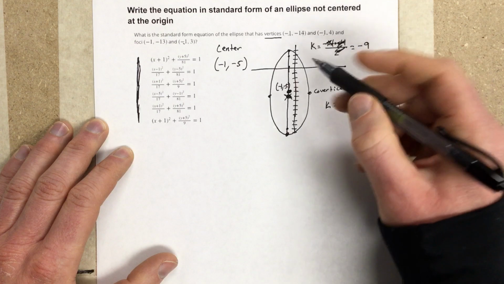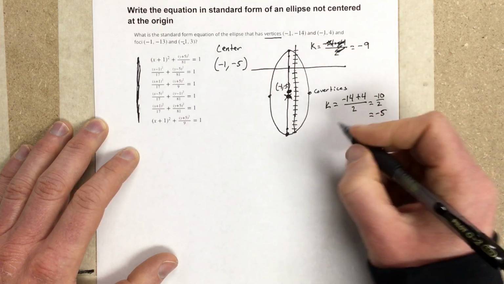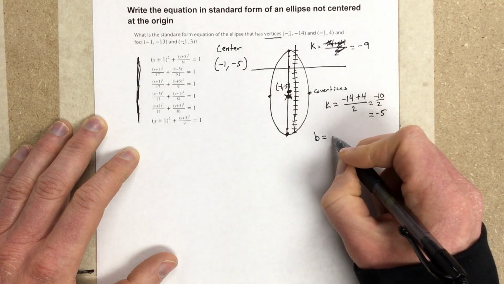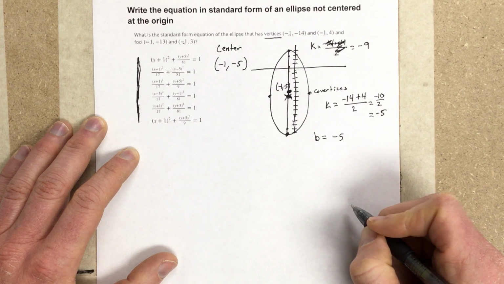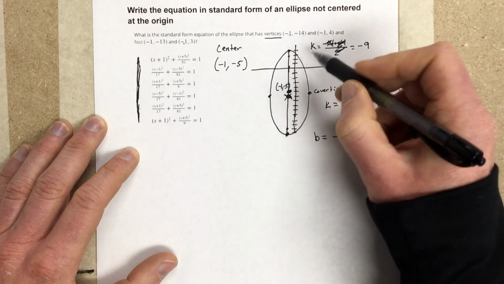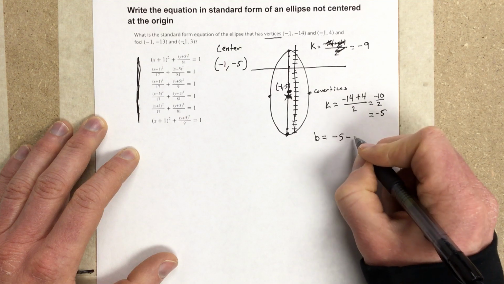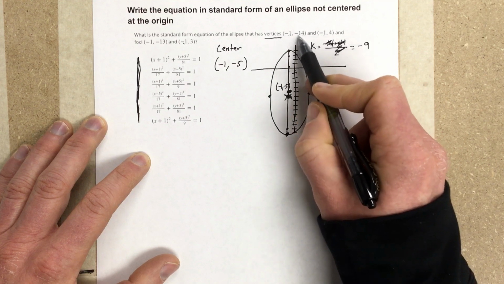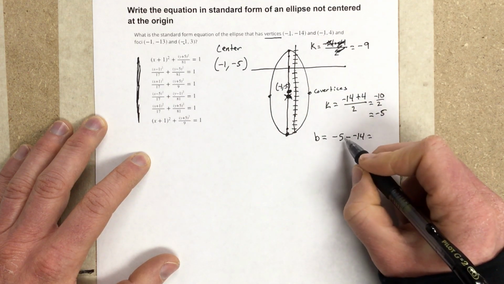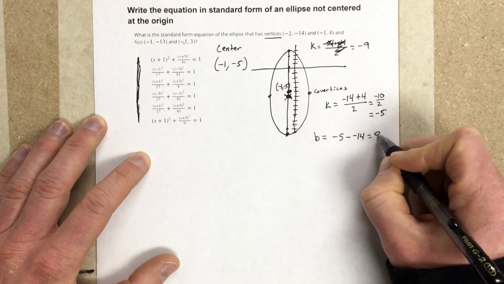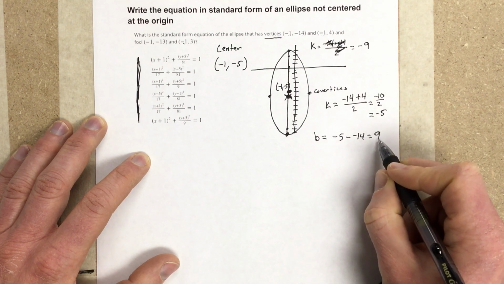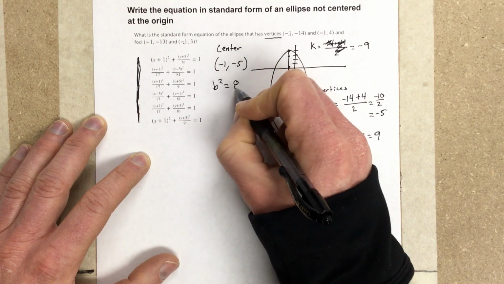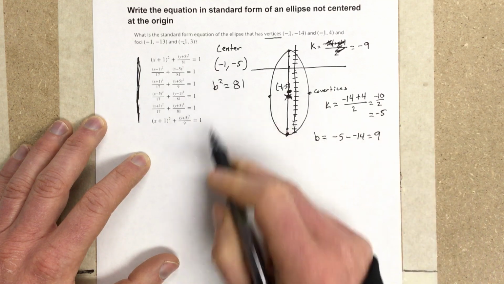If I take the center's y value -5, and then subtract -14, because I'm subtracting out one of the ends, I get the distance, which is 9. Okay, so b is 9. That tells us that b squared is equal to 81.